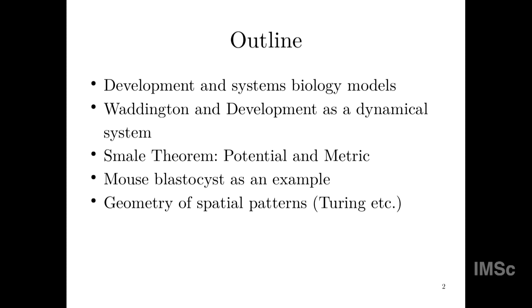Then I'm going to talk about how, at least in low dimensions, we can classify the qualitative possibilities of these dynamical systems, and how I think that's useful to fit biological data. I'll give you a particular example using embryonic development in the mouse. And finally, in the last part of my talk, I'll talk about spatial patterns and how to think about some of these spatial patterns in a geometric manner.